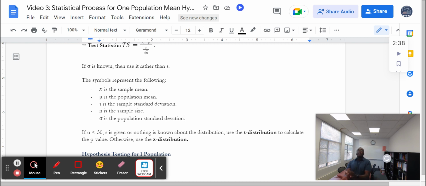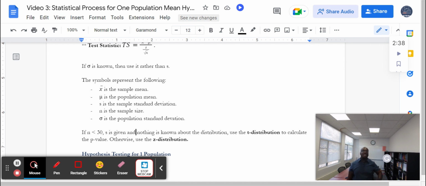Okay, so the distribution we use to determine whether we're going to reject or fail to reject our null hypothesis is going to be based off of these conditions. If n is less than 30, S is given to you, and nothing is stated about the distribution, we're going to use a T. All these conditions have to be met, and so therefore I should say "and," in order for us to use a T distribution.